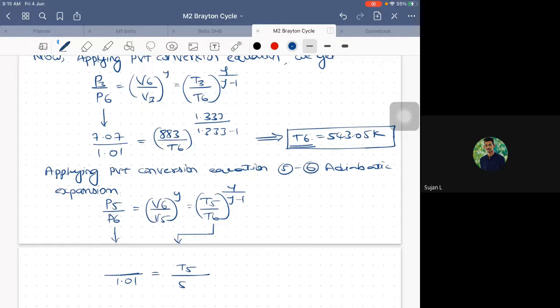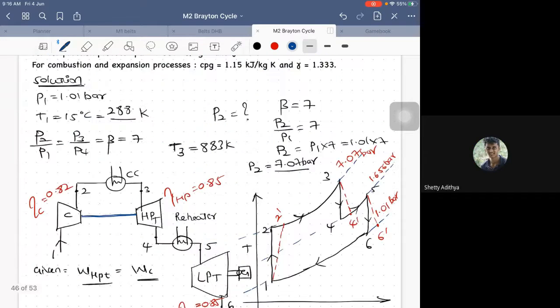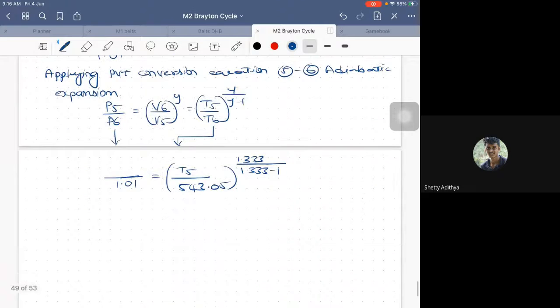T6 I have obtained as 543.05 whole to the power of 1.333 divided by 1.333 minus 1. Now, what is the value of P5? 1.656. 1.656 is the value of P5. So from this, can I get the value of T5 in Kelvin?